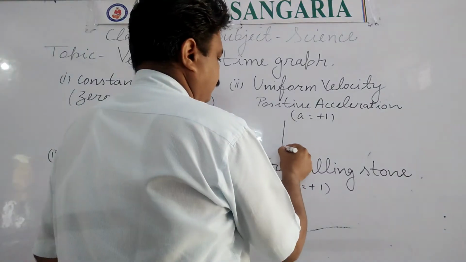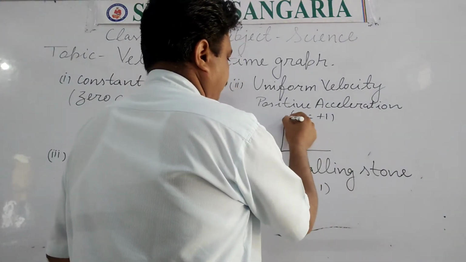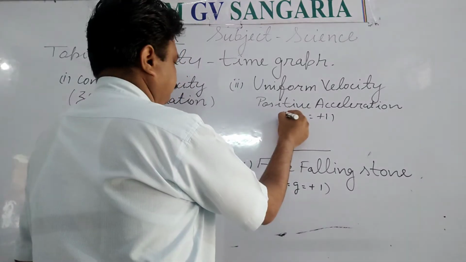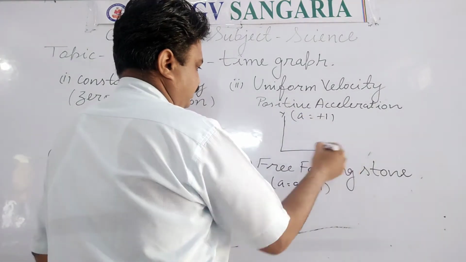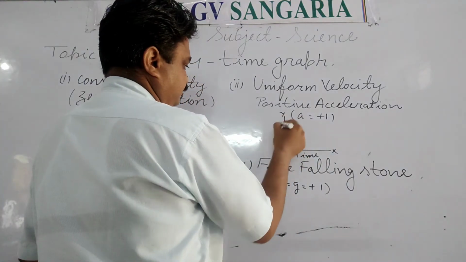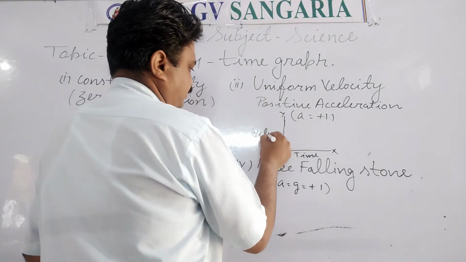Student, in this type of graph, first we will draw this axis, it is the y-axis and this is the x-axis. It represents the time and the velocity.